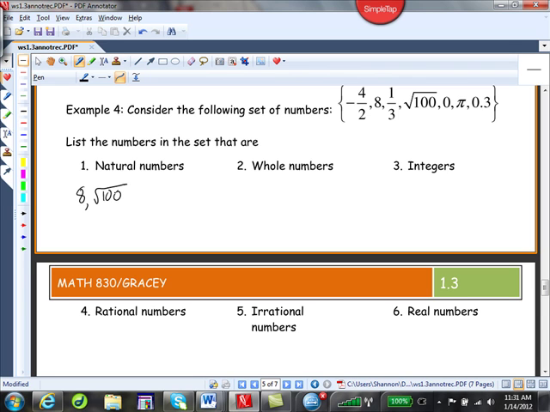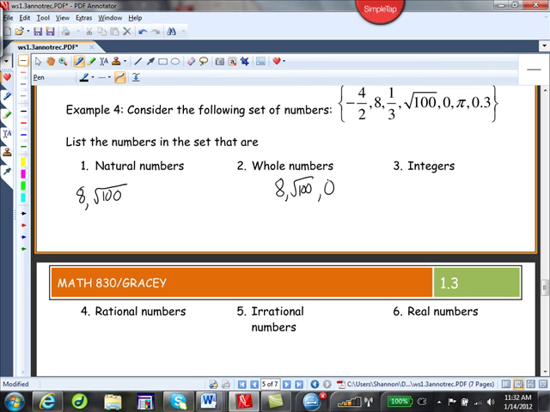And believe it or not, folks, those are the only natural numbers in the set. Now the whole numbers, we know we're going to have 8 and the square root of 100 because the natural numbers are a subset of the whole numbers, but we will also have 0. And just to be consistent, I'll go ahead and do them in the order that they appear here.